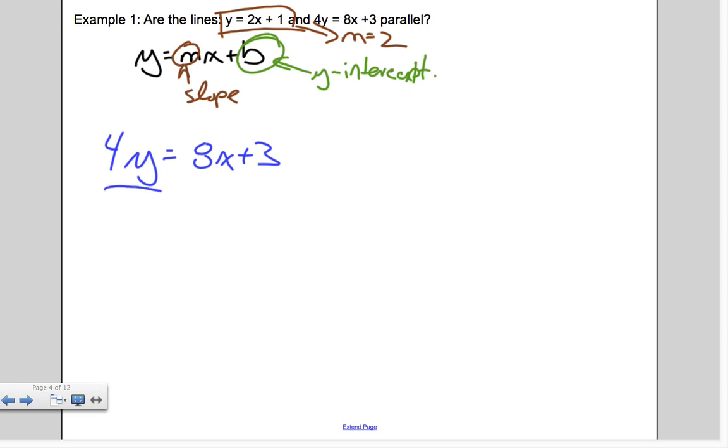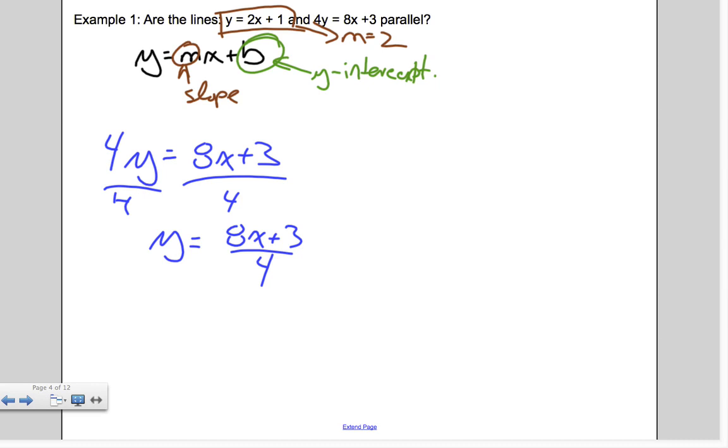So here we divide both sides by 4. So y is equal to (8x plus 3) over 4. That's how we would normally isolate for a variable. Do we want to leave it in this format though?